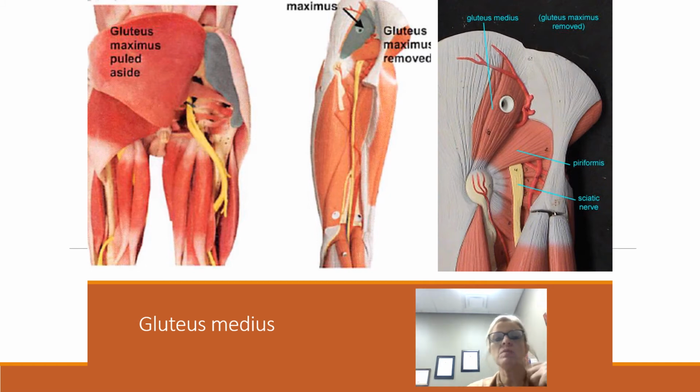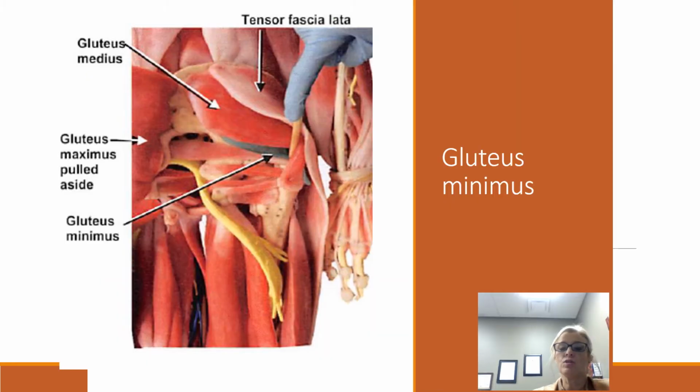It will partially be covered by the gluteus maximus. So on the cadaver, you can pull that off to see this. Not completely pull it off, no, don't tear it up, but you can pull it up. So the origin is going to be the upper lateral surface of the ilium, and the insertion is the greater trochanter of the femur.